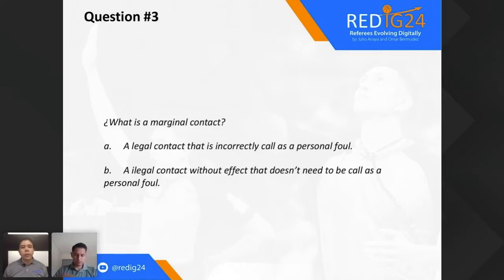Is it a legal contact that is incorrectly called as a personal foul, or an illegal contact without effect that doesn't need to be called as a personal foul? You will have 30 more seconds to answer.